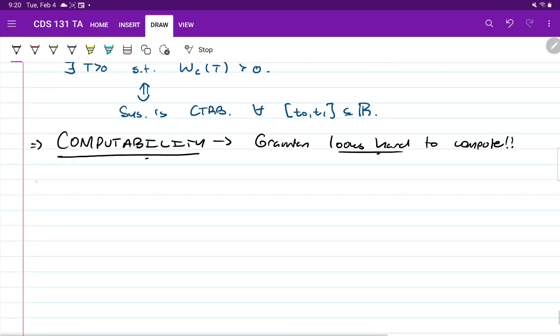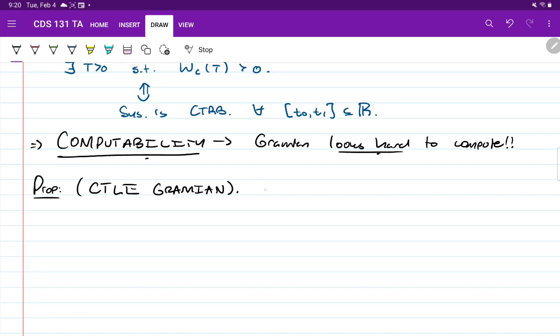All right? So this leads us to the proposition, which is the CTLE Gramian. All right? So let's consider a system with state equation x dot equals Ax plus Bu. All right?